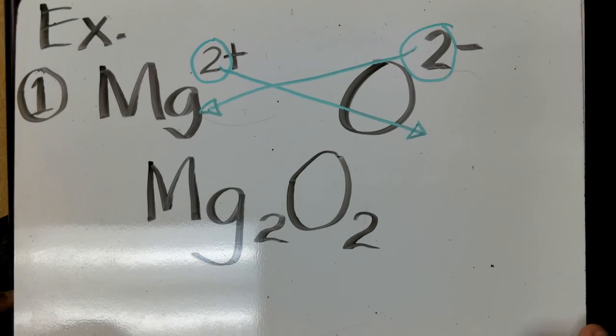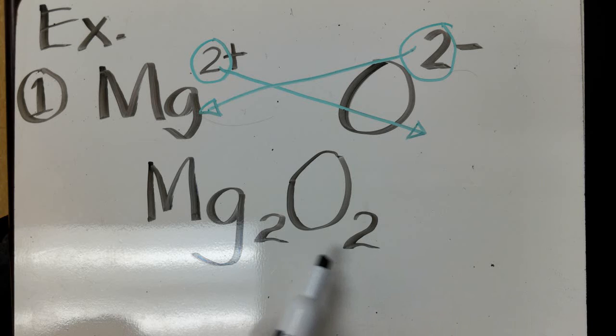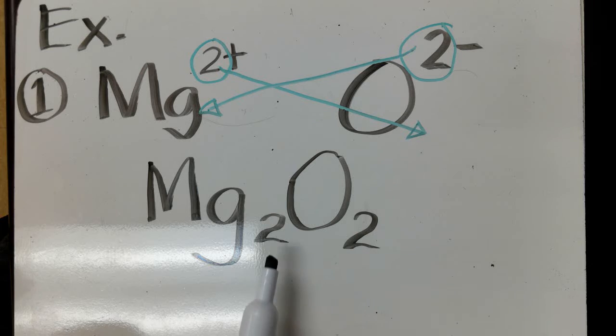If you notice, the subscripts that we see have the same value. And this is what you need to remember in ionic compounds. The subscript should just represent the ratio of the elements, the ratio. So if the number is the same, you have to express it in lowest terms.